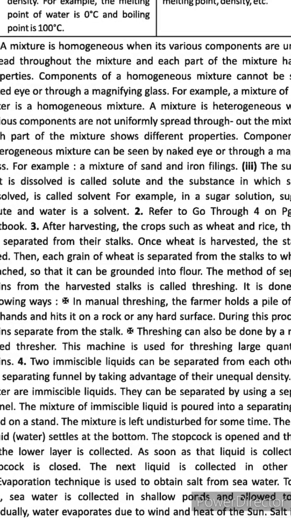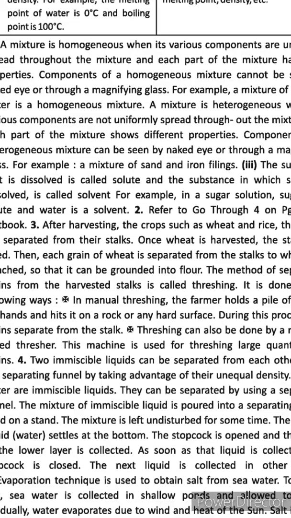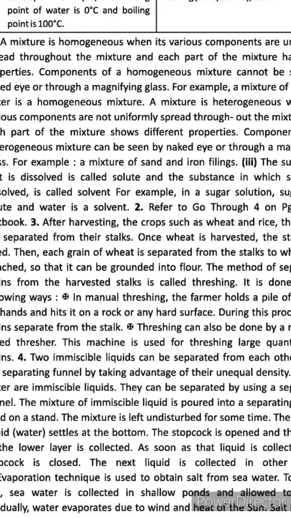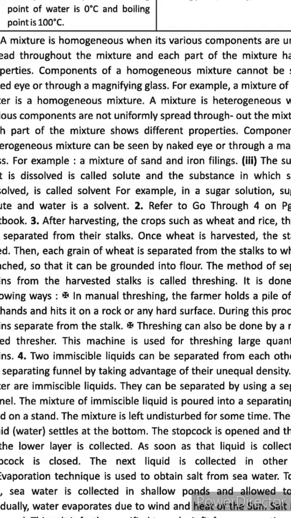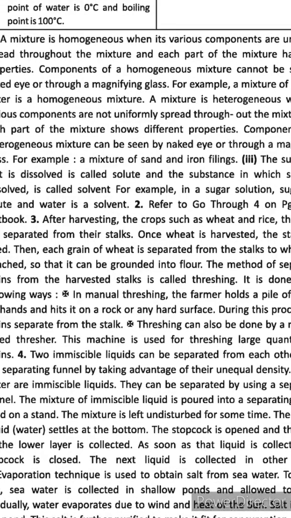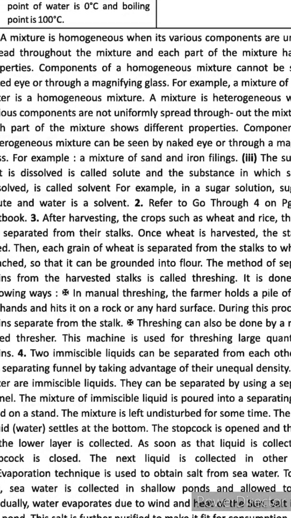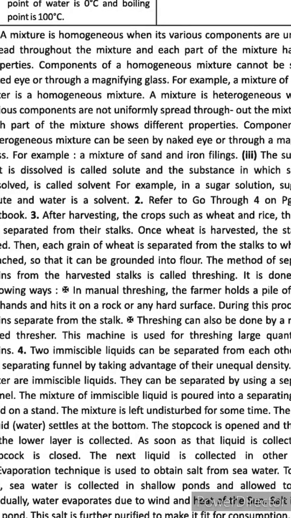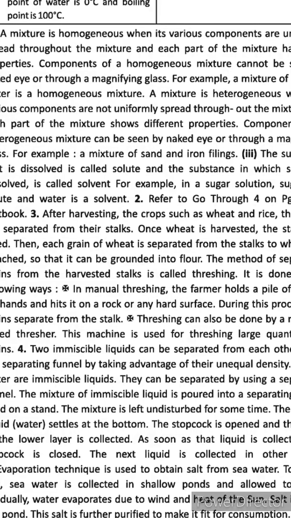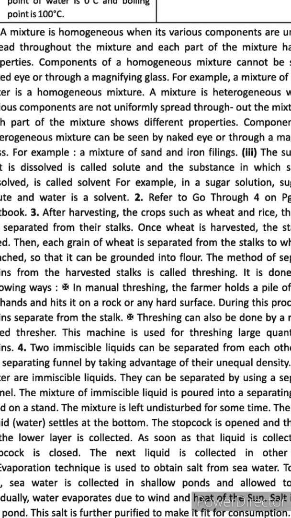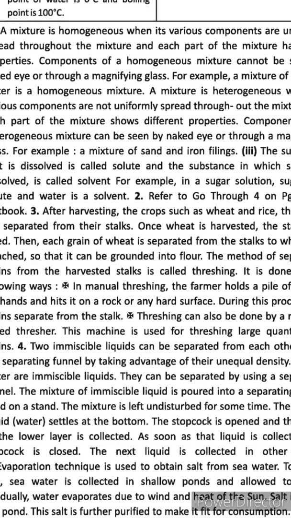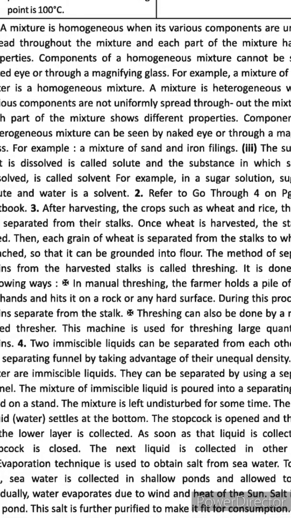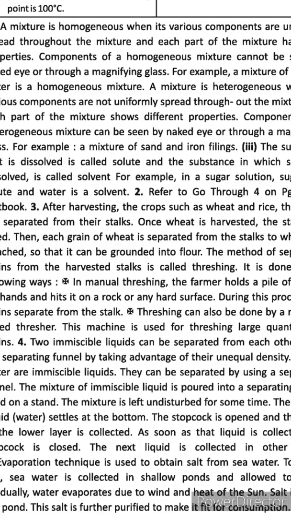Water evaporates due to wind and heat of the sun. Salt is left in the pond. This salt is further purified to make it fit for consumption. That means salt will be collected from the sea and kept for a few days. Then automatically, due to wind and sunlight, evaporation will happen and pure salt will form there.